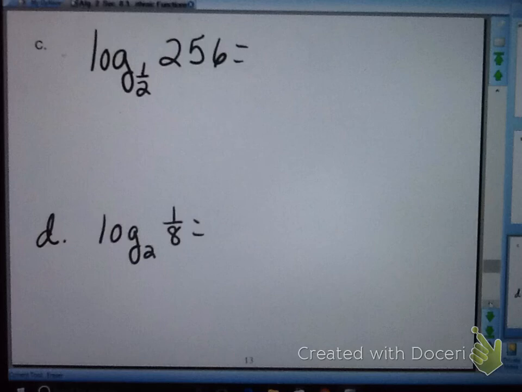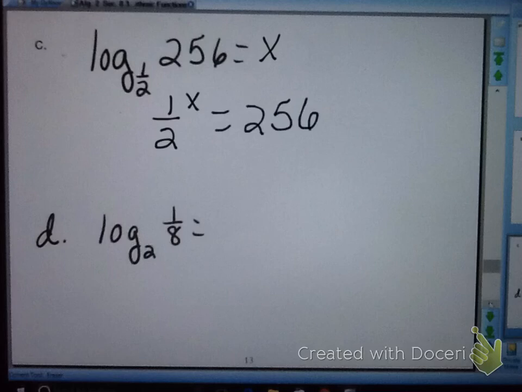Log base 1/2 of 256 is equal to x. That's 1/2 to the x power is equal to 256. Okay, two things. I've got to get this 2 up top, so that's going to be 2 to the negative 1 power, and then I bring the x. And then I've got to convert 256. 2 to some power is 256.